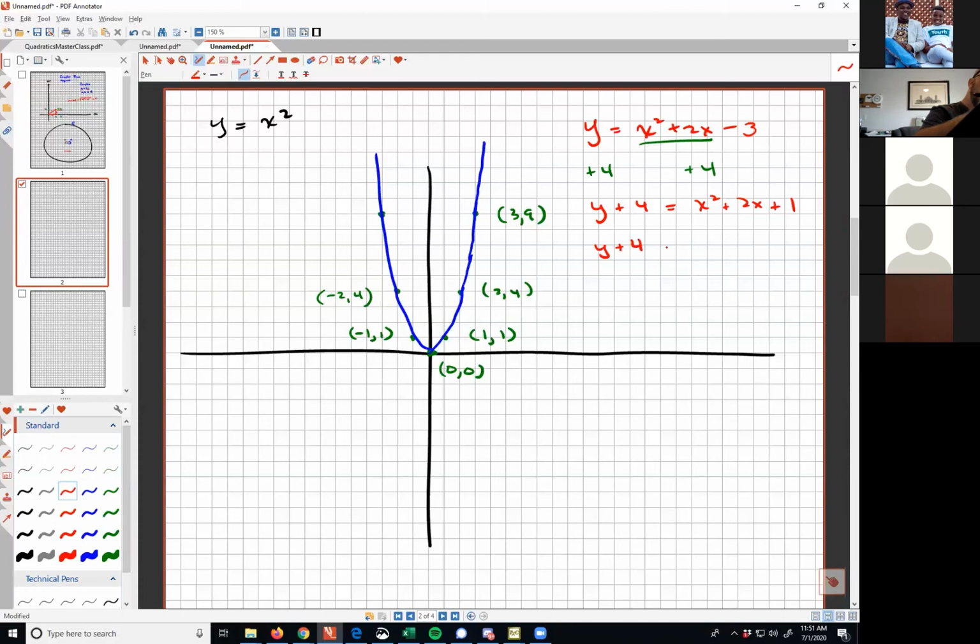Y plus 4 equals x plus 1 squared. And now, if we want, and a lot of people do this, we move that 4 back over to the right-hand side as a minus 4. Now, I want to know the smallest possible value of the right-hand side.